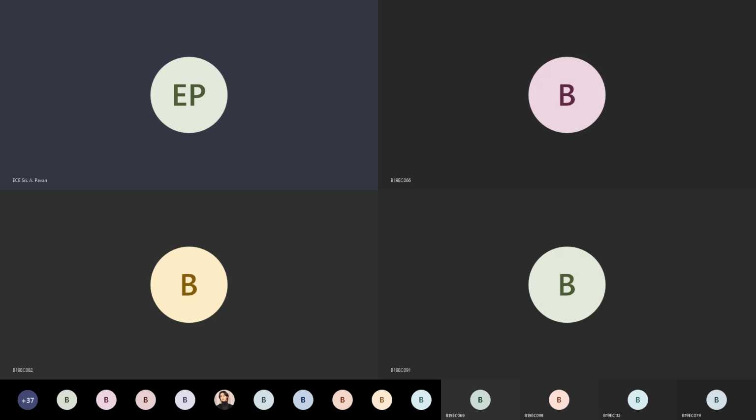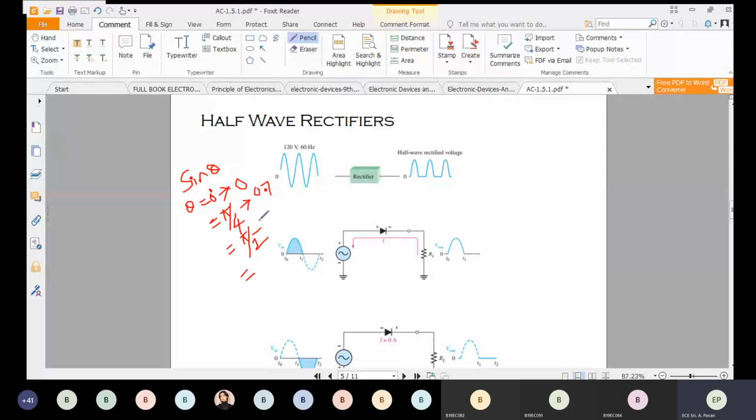Right, so pi by 2 takes 1. So after this, after 90 we have 180. 180 means it is pi itself, then 0.